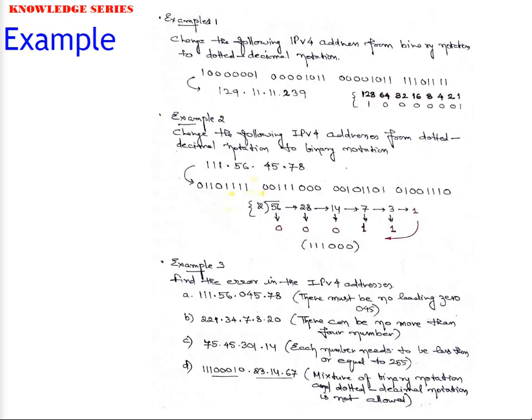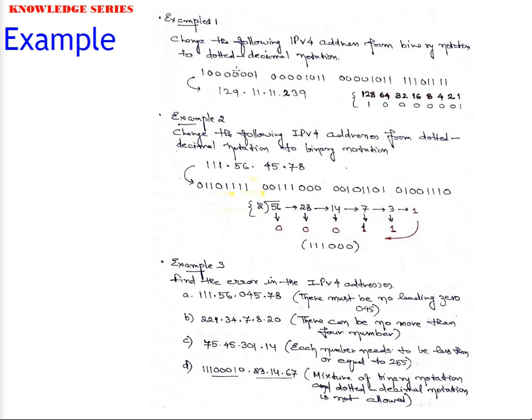Now there are some examples being shown over here. These examples are very essential for you to understand, so that it will give the necessary understanding of how to solve these problems.